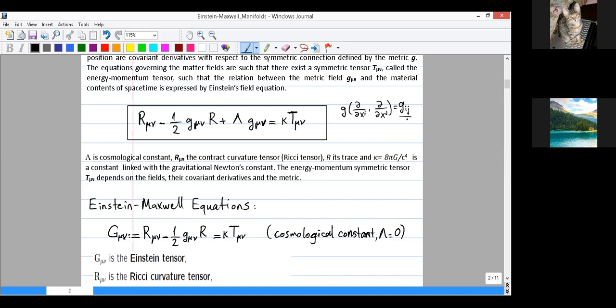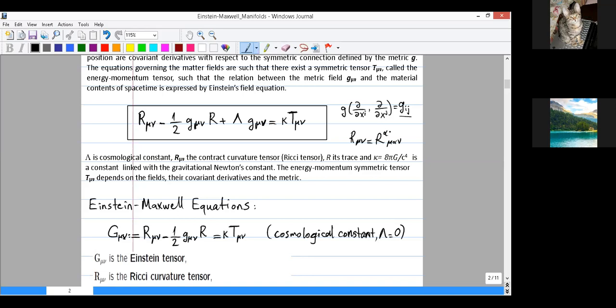Here, lambda is the cosmological constant, R mu nu the contracted curvature tensor, as you may remember. It is obtained from the Riemann tensor, the contraction of the first and third indices. This is the Riemann tensor.